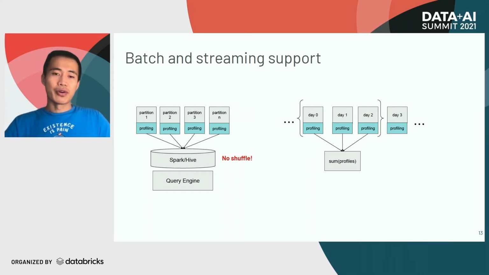Or if you think about a streaming use case with the windowing operation, you don't need to recompute the result across different batches of data, but rather you can reuse previous results in a much more effective manner, because again, these profiles are additive. So you can just merge them, or in Spark's language, aggregate them easily.